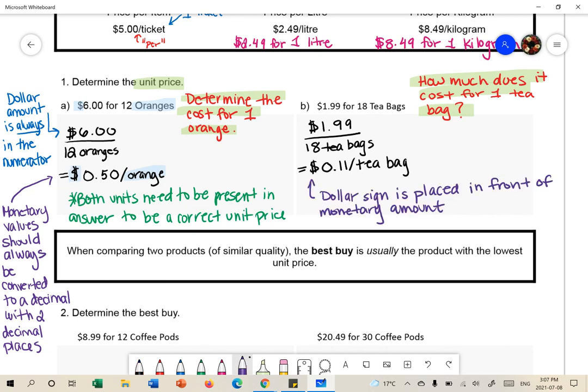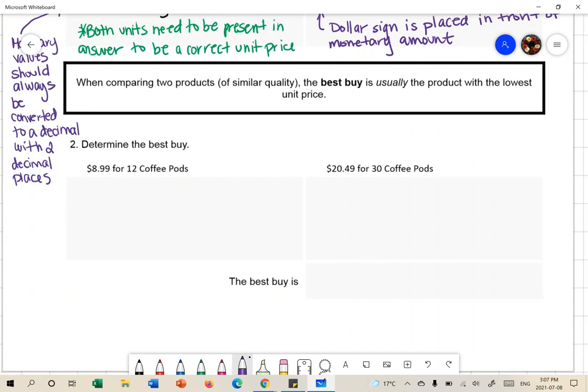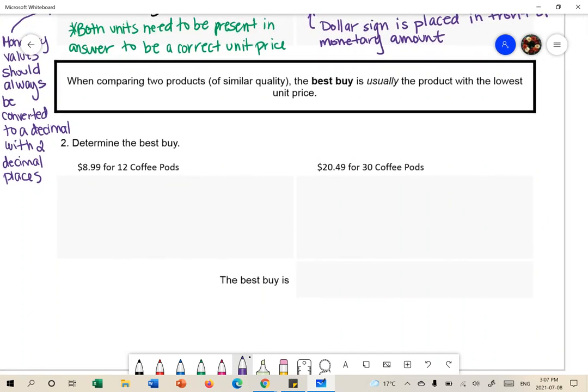When comparing two products of similar quality, the best buy is usually the product with the lowest unit price. Let's determine what the best buy is between these two coffee pod offers.